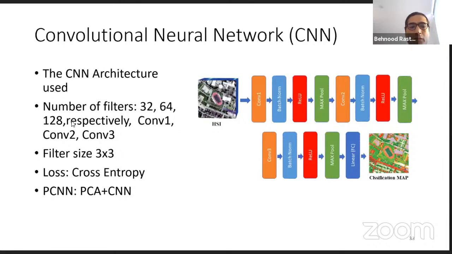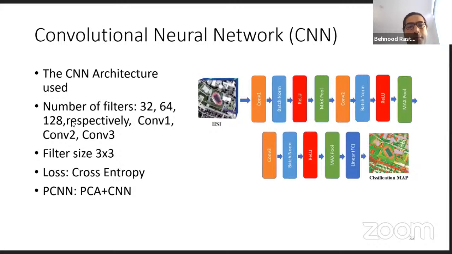The number of filters that we use is 32, 64, and 128 for conv 1, conv 2, and conv 3. The filter size is 3 by 3, which is very common. Everybody uses this, and it's very effective. Then cross entropy is the loss function.